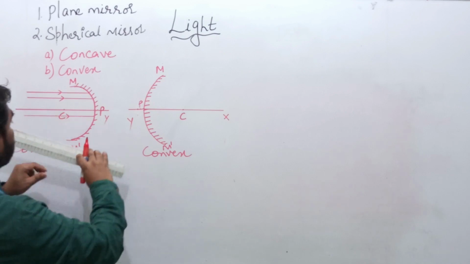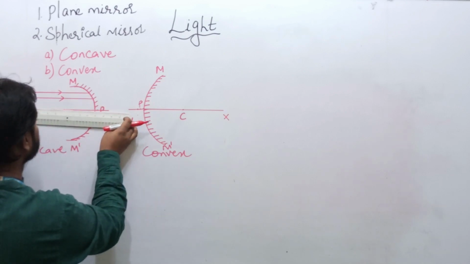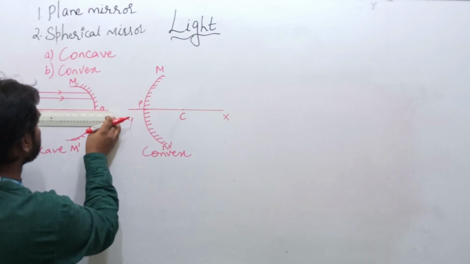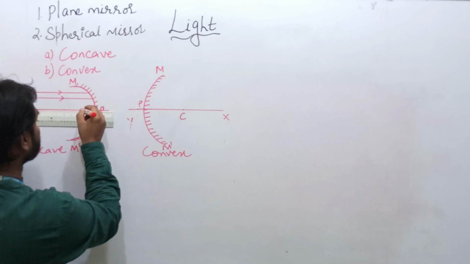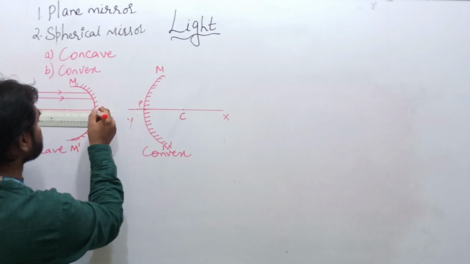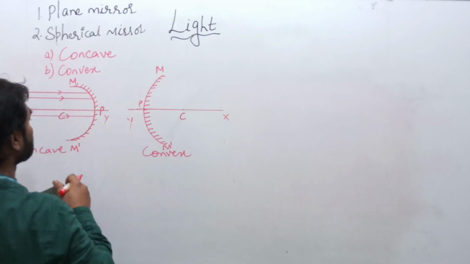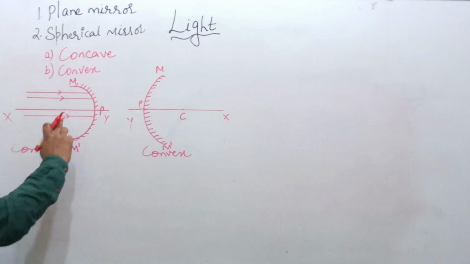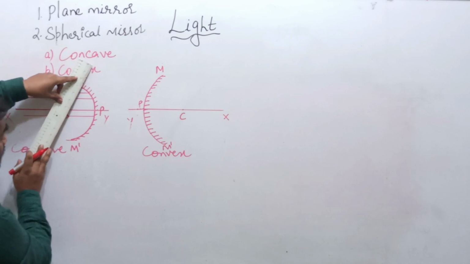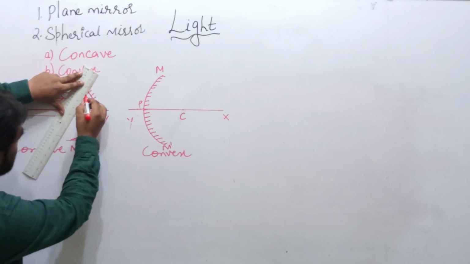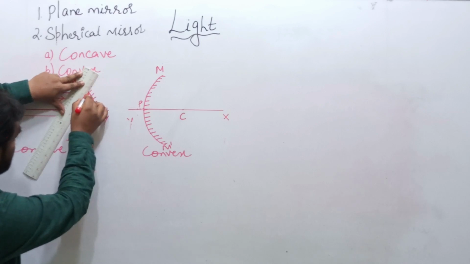If I take a midpoint here, from there all the rays will be reflecting. After reflection, the light rays will be passing through this point.